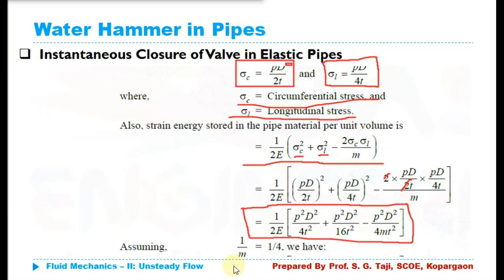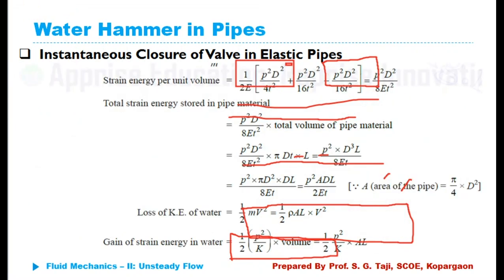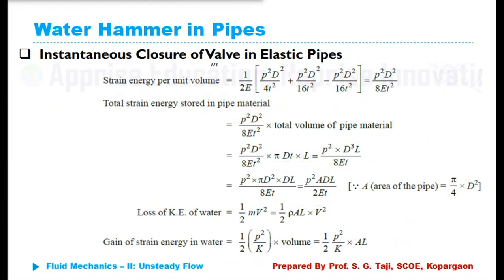Now I am going to put the value of Poisson's ratio as 1 by 4, that is 0.25, that is perfectly isotropic elastic material. So we will get the equation for it. So by putting that value we will get here 1 upon m is equal to 4, that is 4 multiplied by 4, 16.